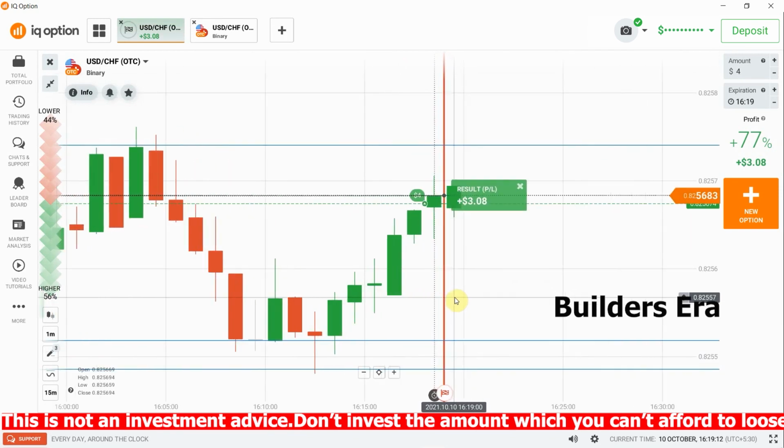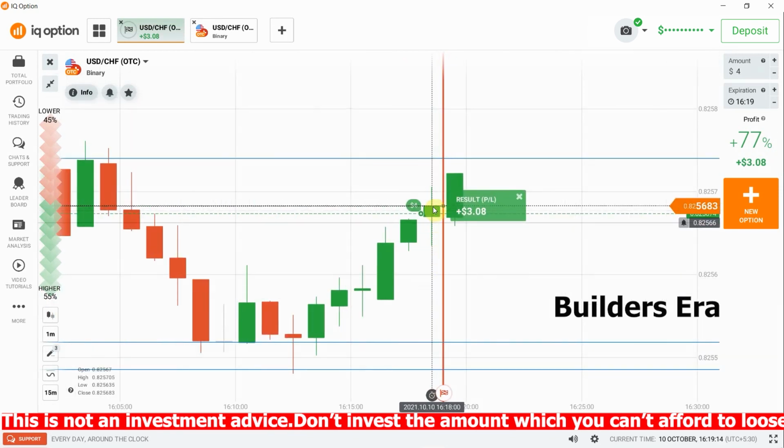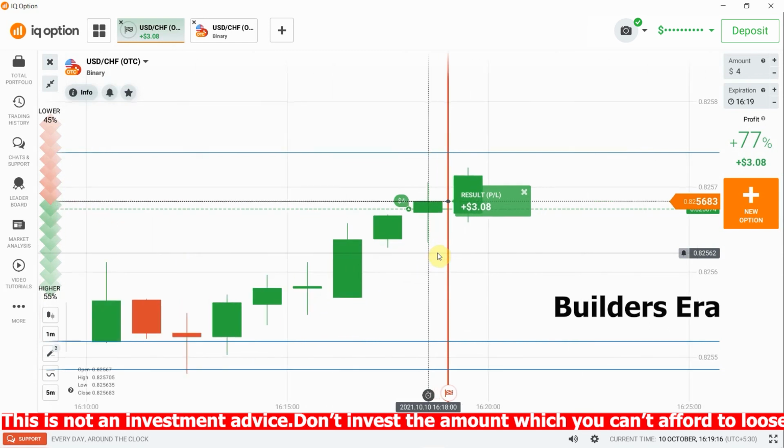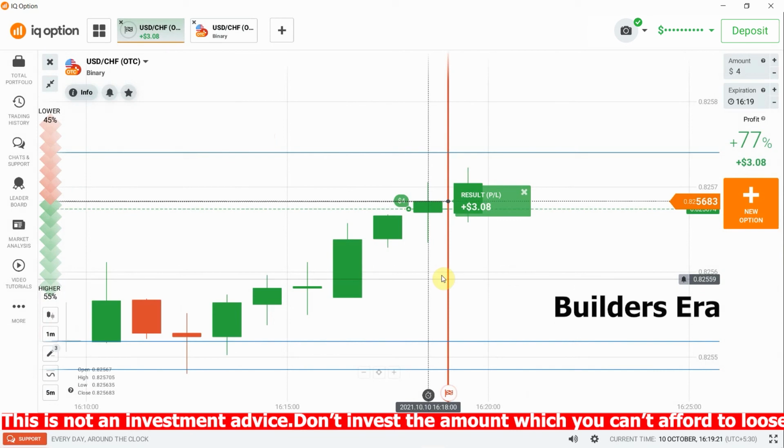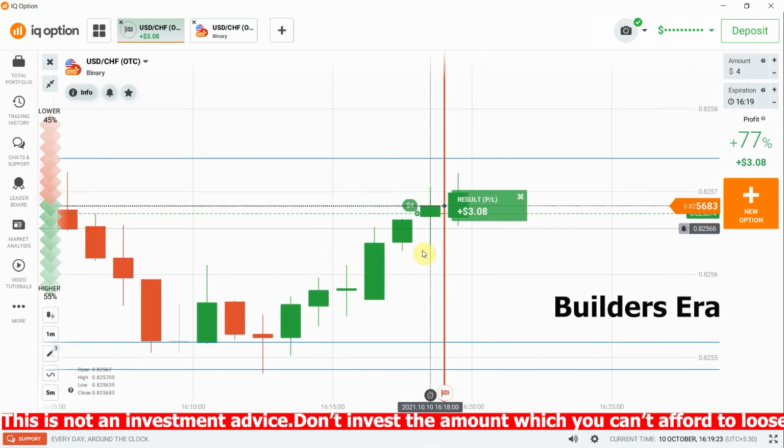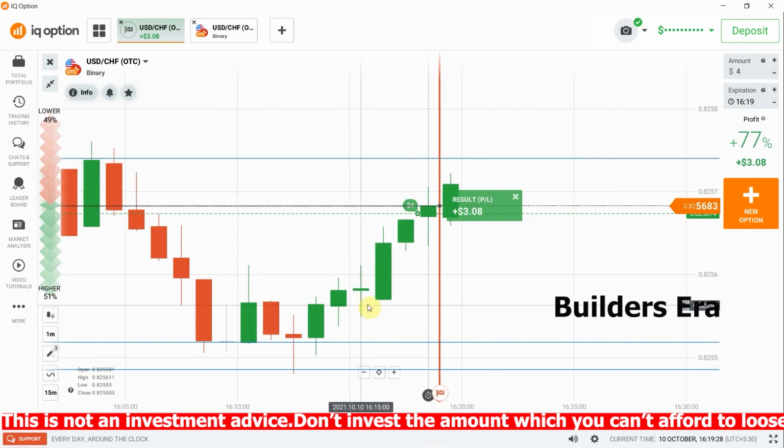We can see that we won the trade. But if you watch the trade, you can understand how much momentum there was within a candle itself. So we placed the option according to our knowledge and our psychology.